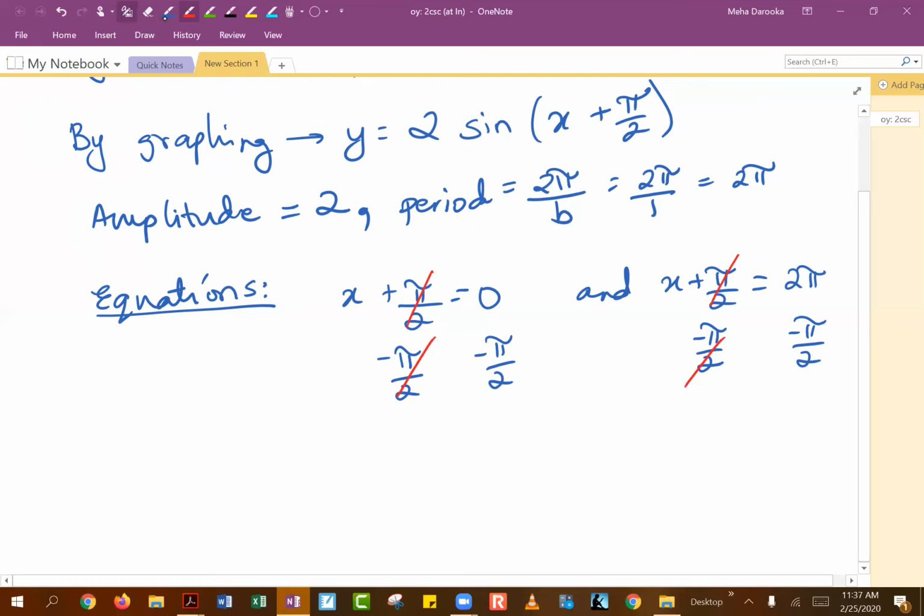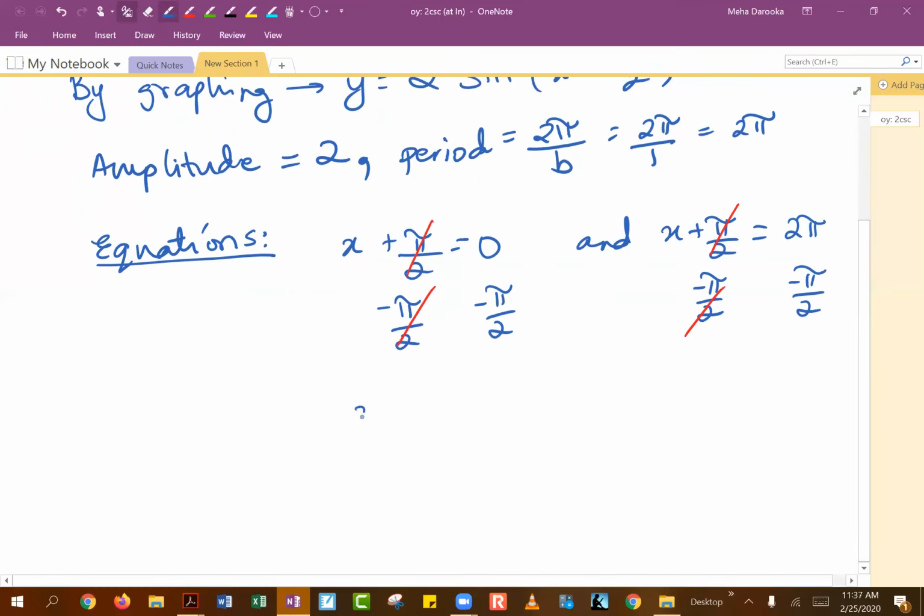And what do you get for your x? Negative pi over 2, very good.